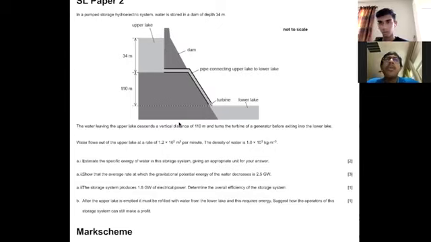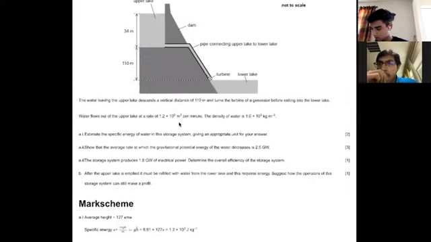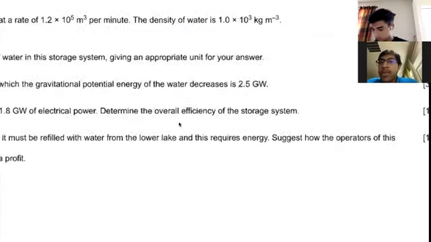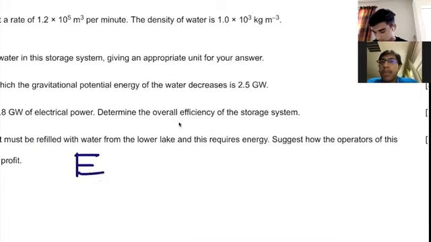I always like to start off with what we're trying to find. So we're trying to find energy over mass, right? So then from there, I know what units I'm trying to get to. Energy over mass.